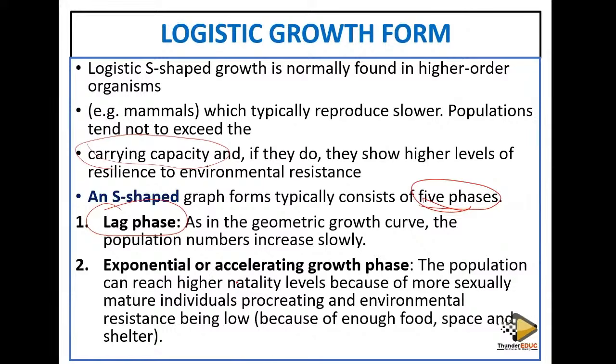These individuals allow mating to happen at a higher level so that there is maximum reproduction, because everything is good. The only thing stopping them is the number of individuals available to mate so that they reproduce. There is enough food, enough space, enough shelter, everything is good.